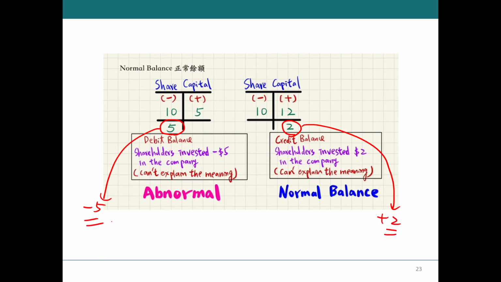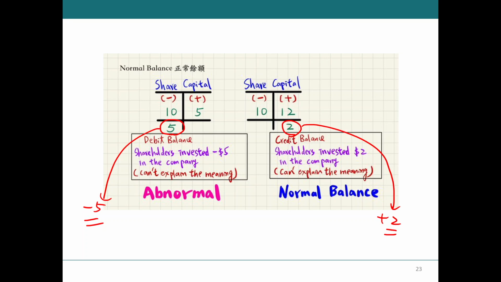How to explain it? Share capital tells you how much money investors put into our company. The balance, the final amount, means that on the last day I ask how many investors invested in our company and how much money they put in.